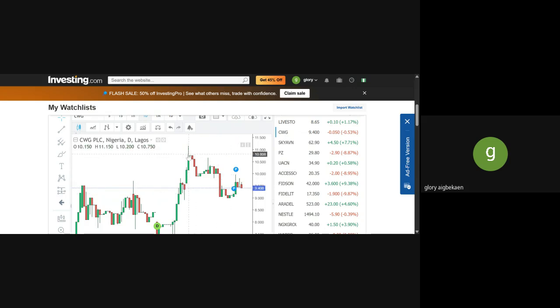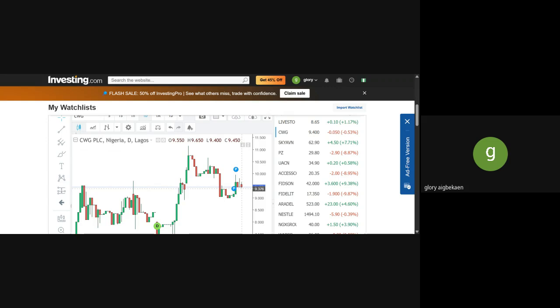So what happened between this high and this low here? What happened? It is what we call a pullback. Nothing has happened to the company. The company is still doing well and still turning out good numbers. In fact, they are doing better.